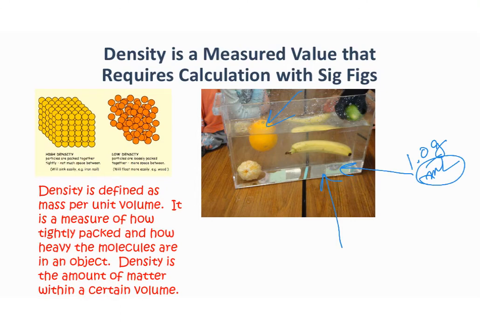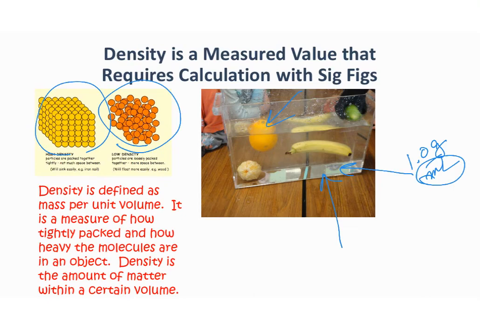If we put them in a vat of water, if they float, they have density less than 1. If they're kind of in suspension like the banana, they have density very close to water. And if they sink, their density is greater than 1. The particulate images on the left just show you, we'll be doing a lot of particulate models in chemistry, so you can see what the atoms or ions are doing.